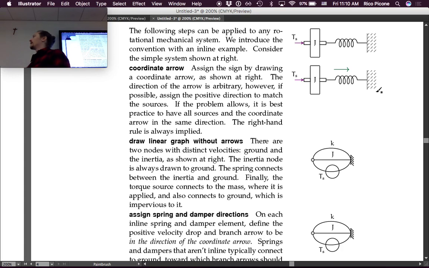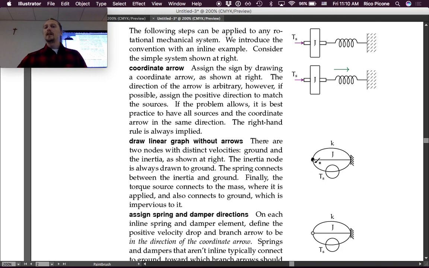Are there any other nodes to be concerned with in this? No, not that I can see. So we have our two nodes, moment of inertia node and our ground node.